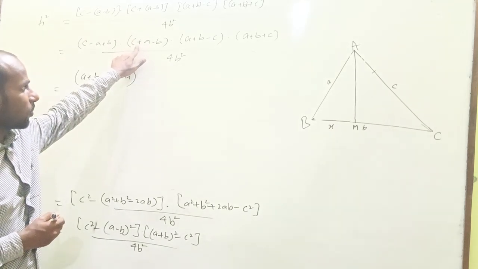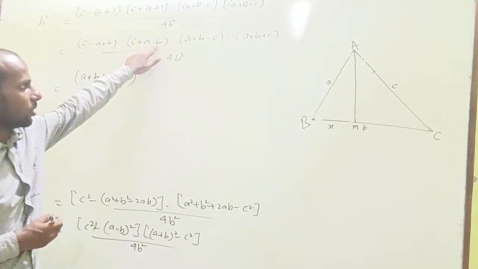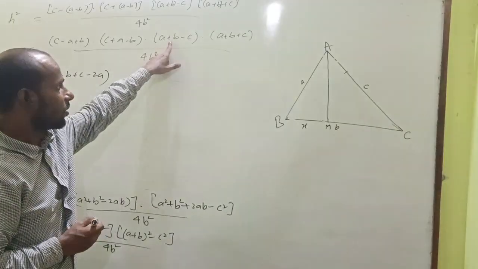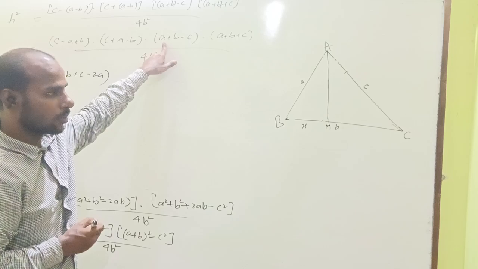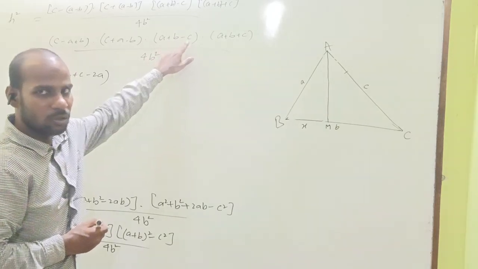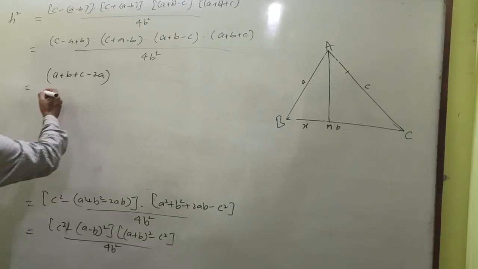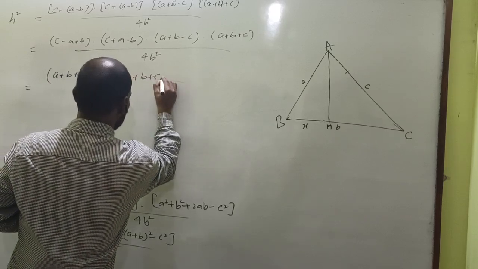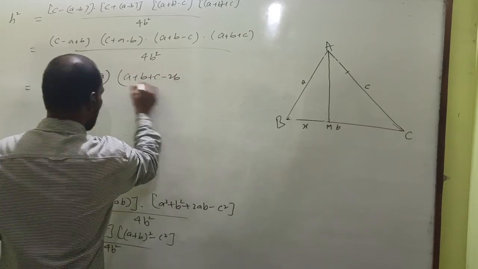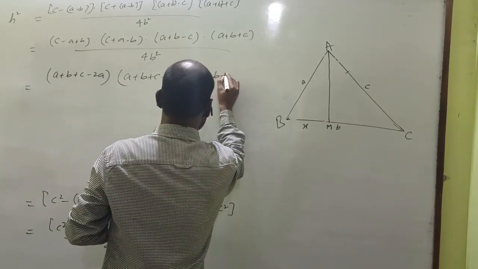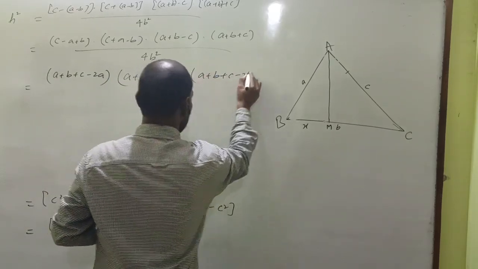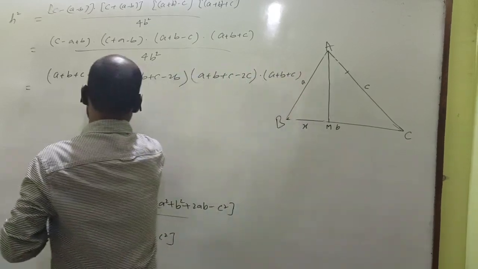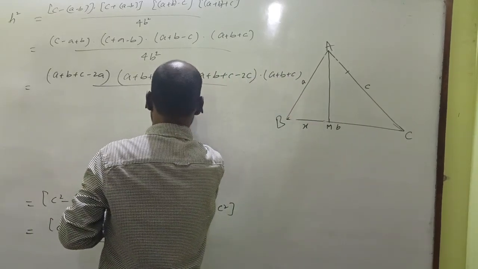So this will become a plus b plus c minus 2b, and same like these two, we can add and subtract c into these terms, so that will become a plus b plus c minus 2c. And the last one is a plus b plus c divided by 4b square.